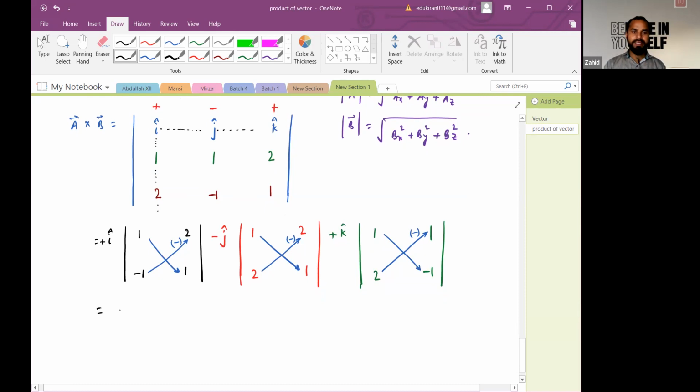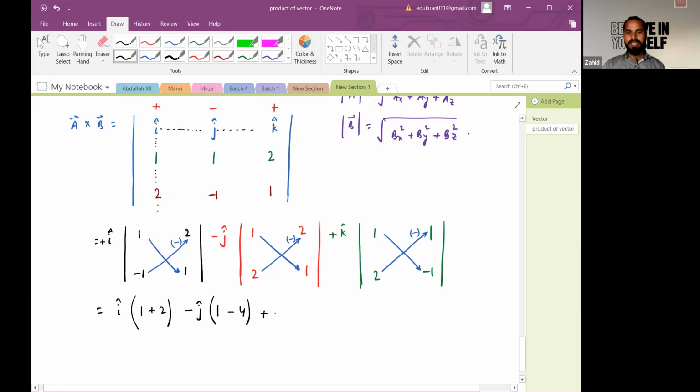Since we have i, it will be i cap times 1 into 1, so 1, minus minus plus 2, so it will be 2. Minus j cap times 1 into 1, so 1, and 2 into 2, 4, with the negative sign, so minus 4.